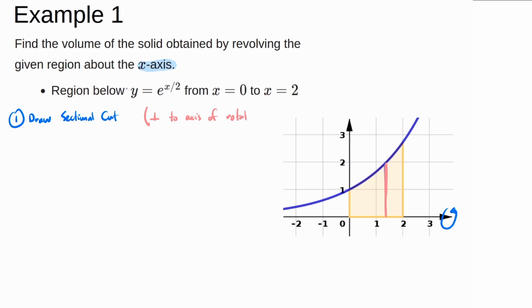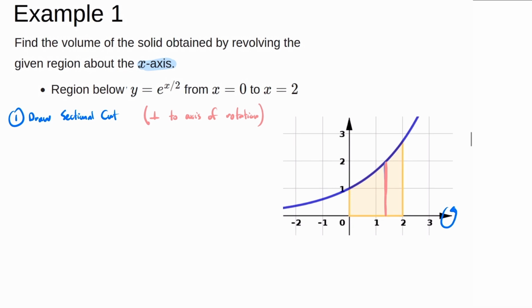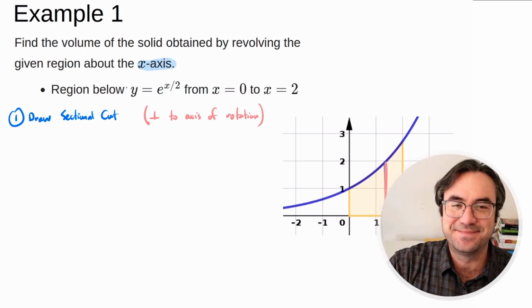So whatever your axis of rotation is, you want that initial cross-sectional cut to be perpendicular to it. In this case, we're going from our axis of rotation and cutting all the way through to the curve.